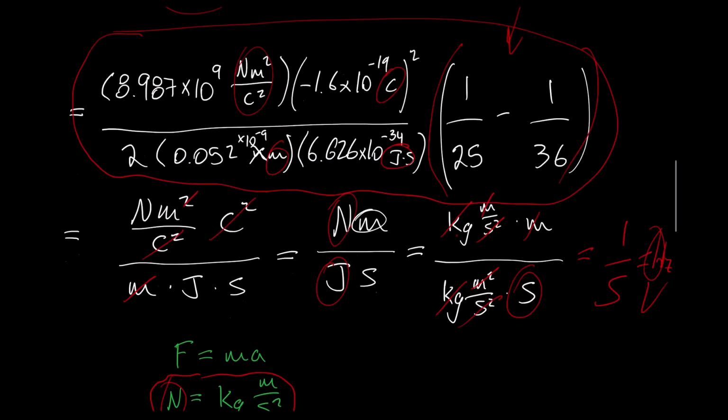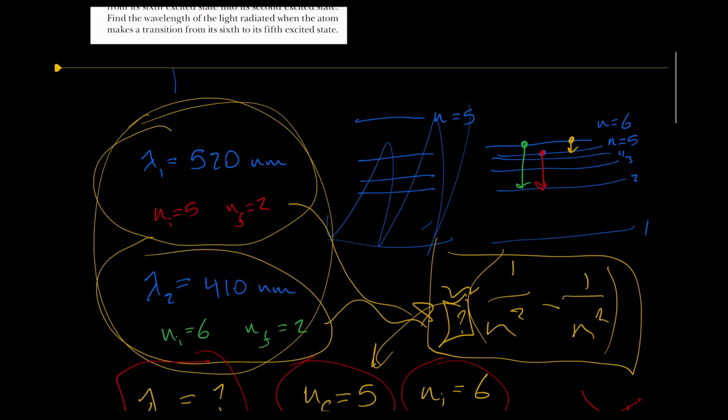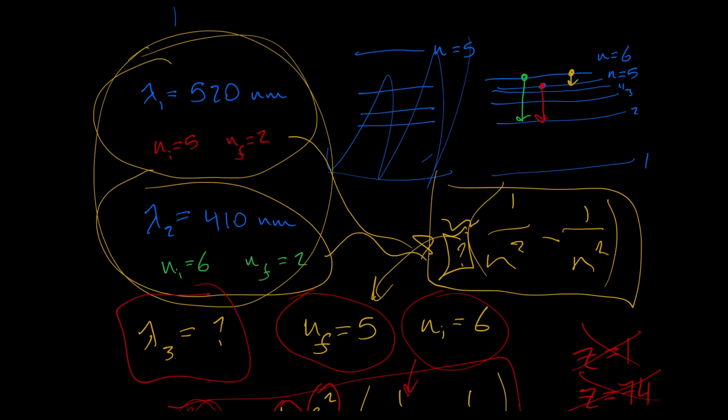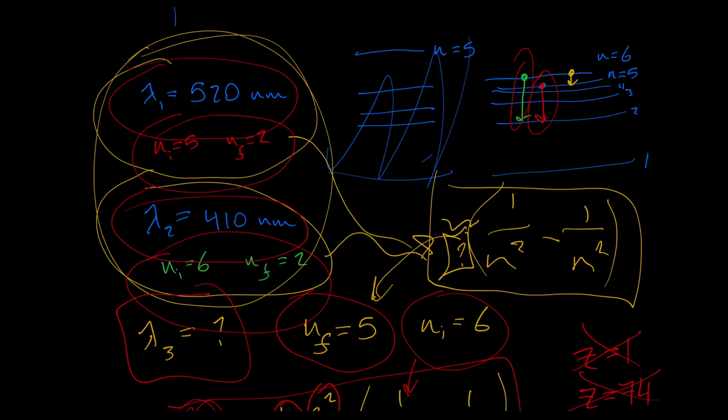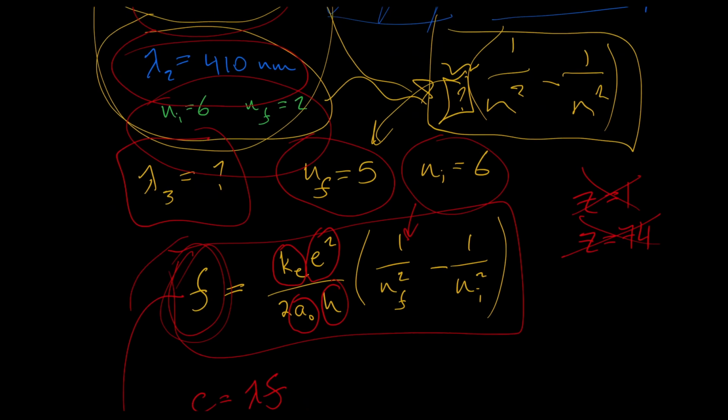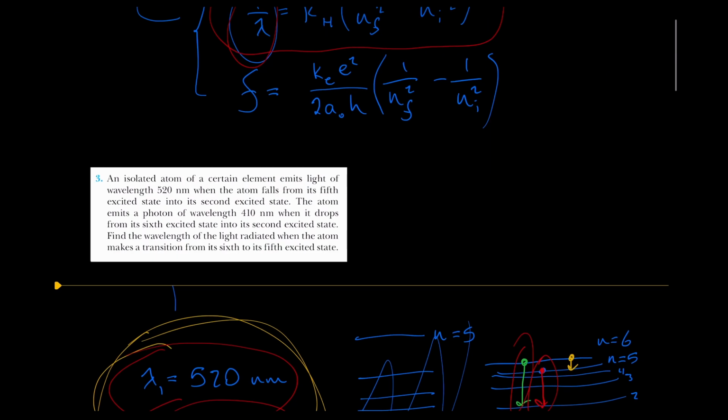Well, remember all of the things that we got over here at the beginning? We got these transitions. So they gave us this transition here in red, this one in green. Here I wrote it in red, here I wrote it in green, and they told us the wavelength that it was emitted. And then I said, okay, why do we need this? We could just use this equation here, plug this stuff in, and spit it out. Let's read the problem again.